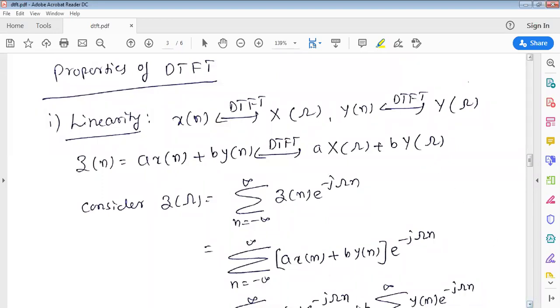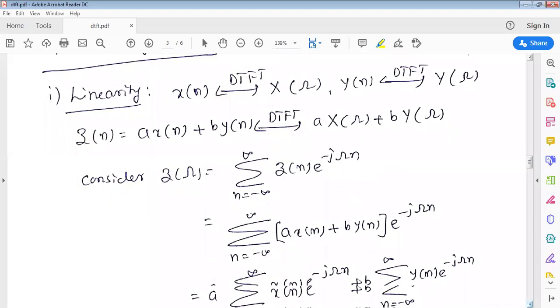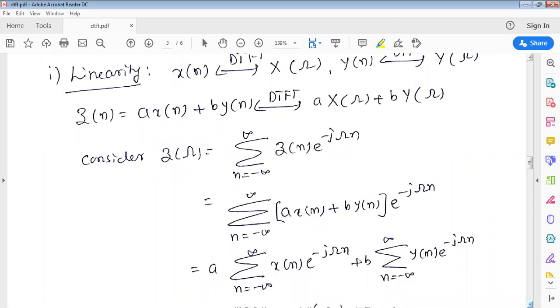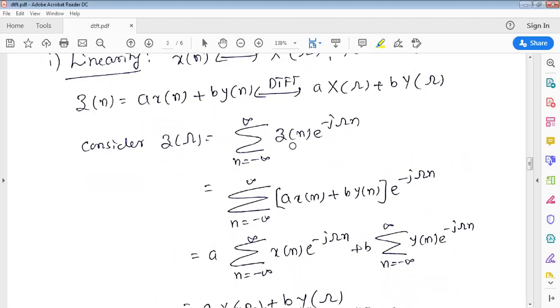Now let us prove this property. It was already proved for Z transform, and the same method will hold good here also. I know that Z of omega is equal to summation for all values of n, z of n into e power minus j omega n. This is equal to summation of a x of n plus b y of n, into e power minus j omega n.